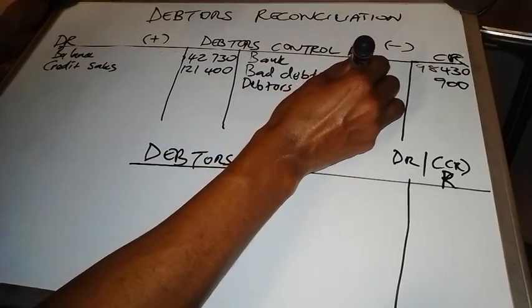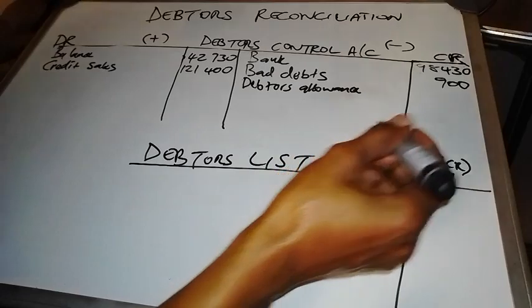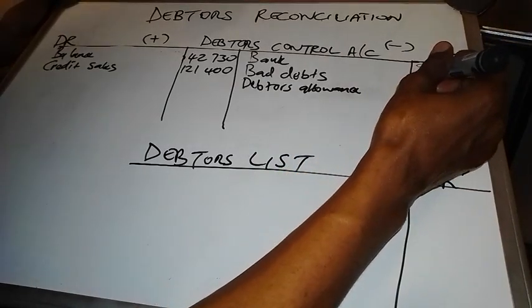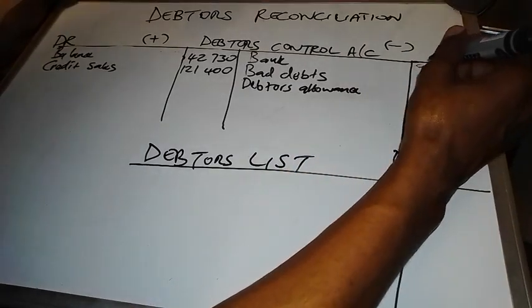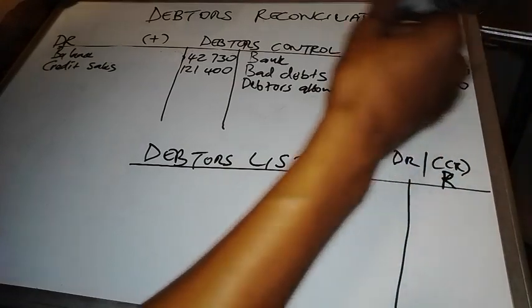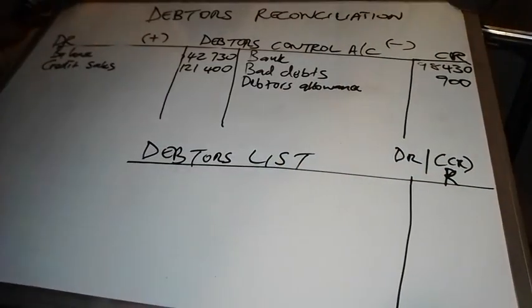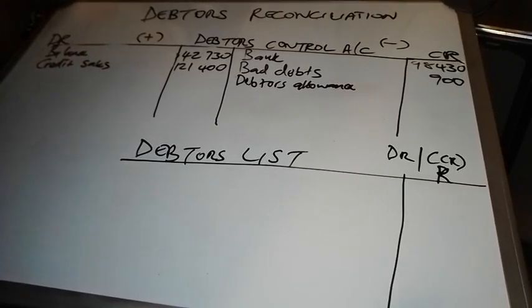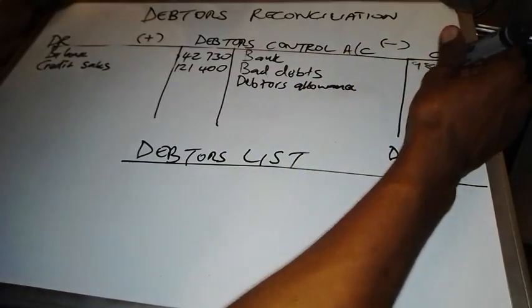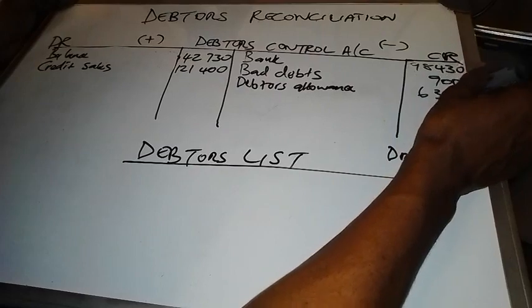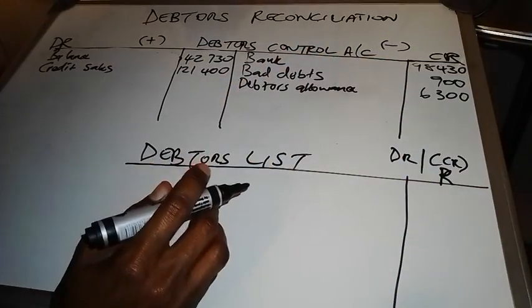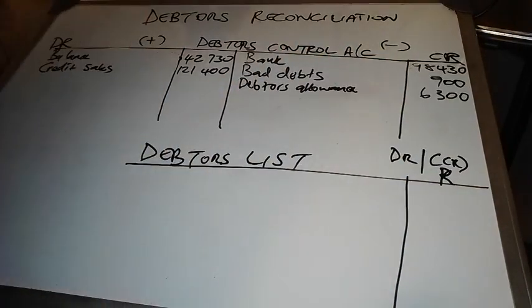Debtors allowance, it's when the debtor is returning items. So how much is it? It's 3,000. Sorry, 6,300. Right.